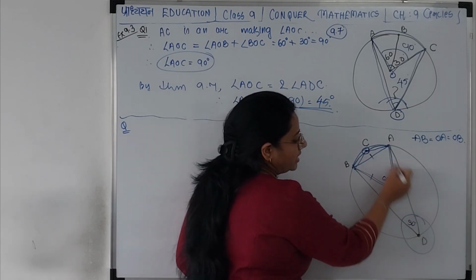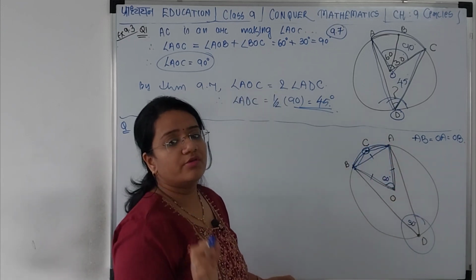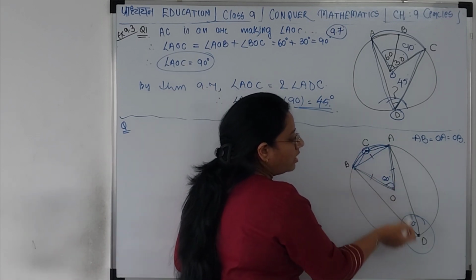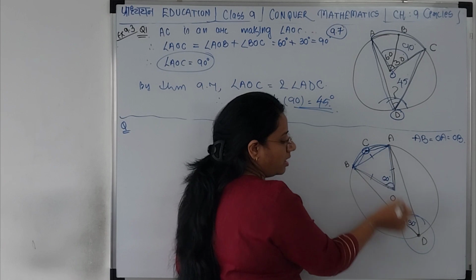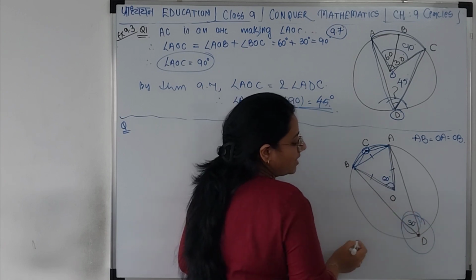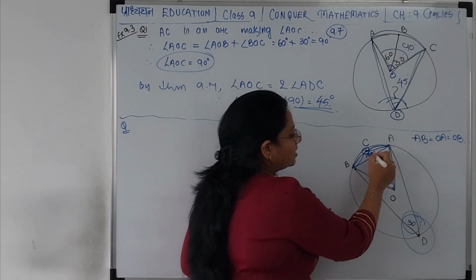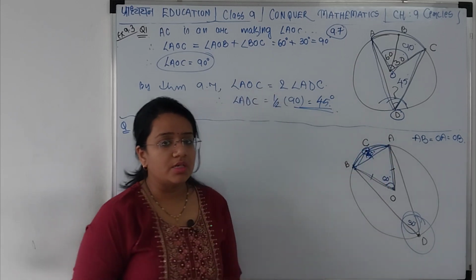Therefore, ACBD is a cyclic quadrilateral. So if it is a cyclic quadrilateral, the opposite angles will make supplementary angles, that is the sum will be 180. So if this is coming out to be 30, this will come out to be 180 minus 30, that is 150. Is that clear?